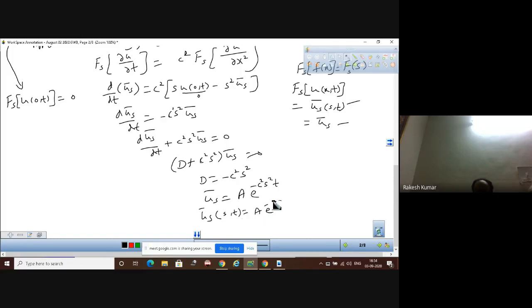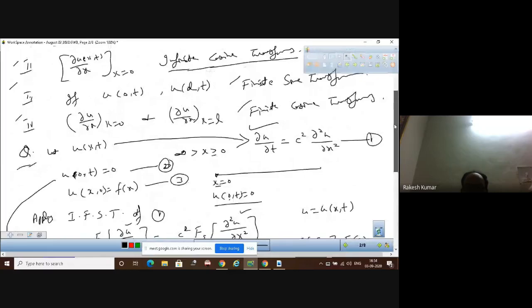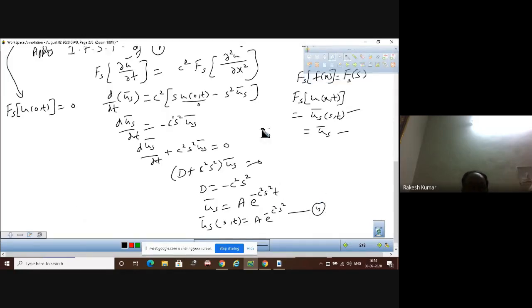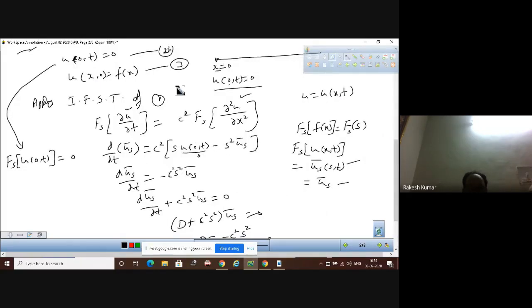A e raised to power minus c square s square t, and we have named this condition 1, 2, 3. Now from condition number 3, we can solve this condition also.